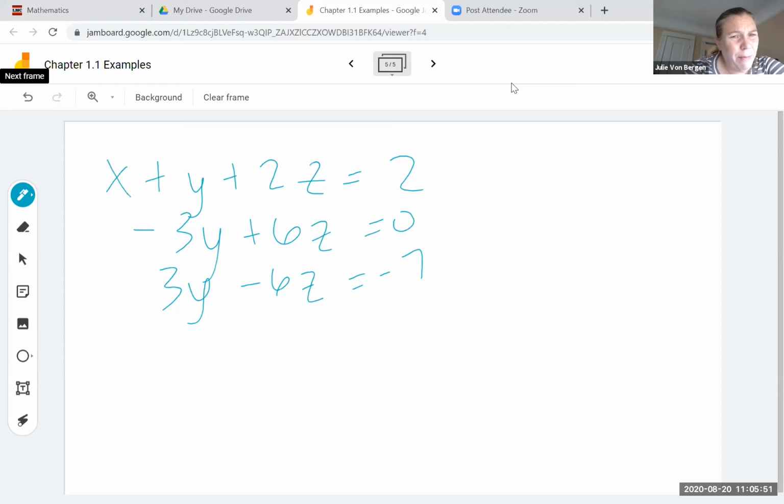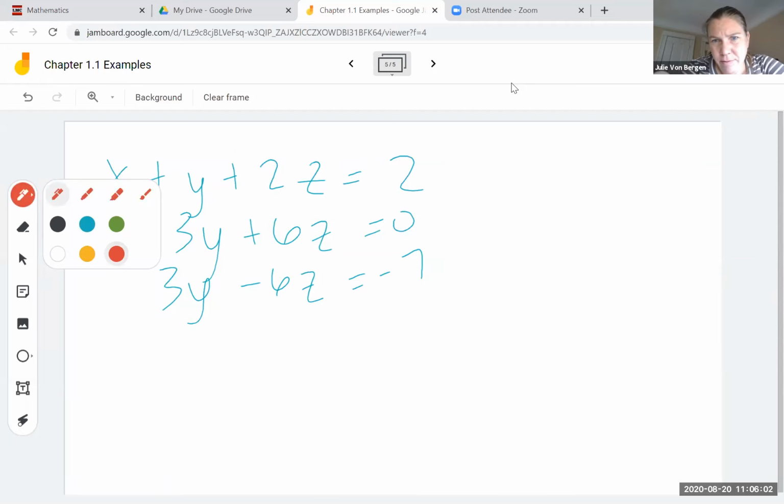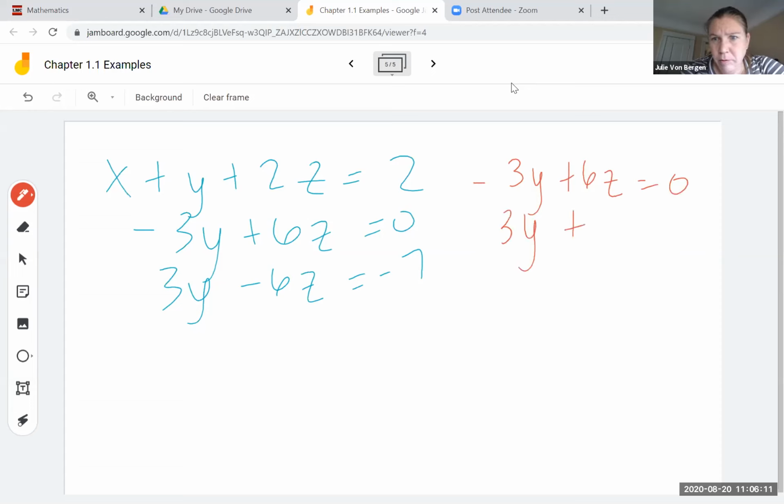So let's see what happens if we try to simplify equation 3 by saying equation 2 minus equation 3. What's going to happen there? Well, on the left side, everything cancels out. So we get 0 equals -7.